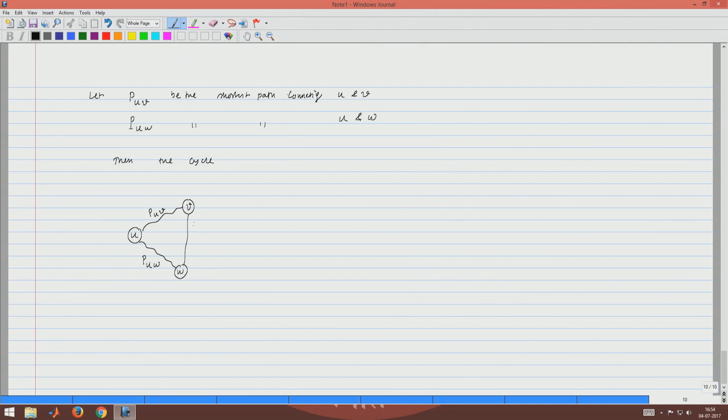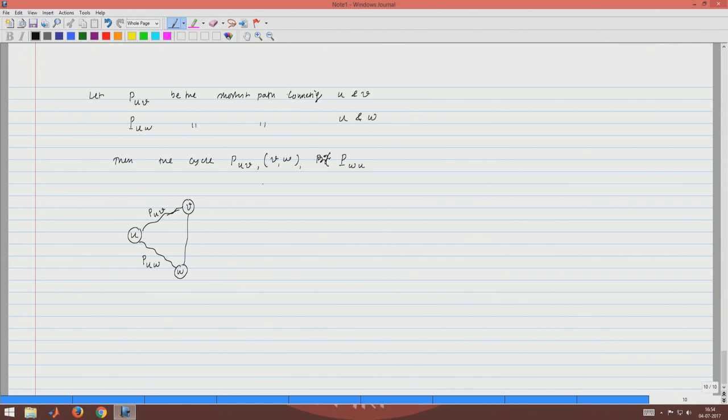Then this forms a cycle: the path P_uV, then the edge VW, and then the path P_Wu. P_Wu and P_uW are the same.